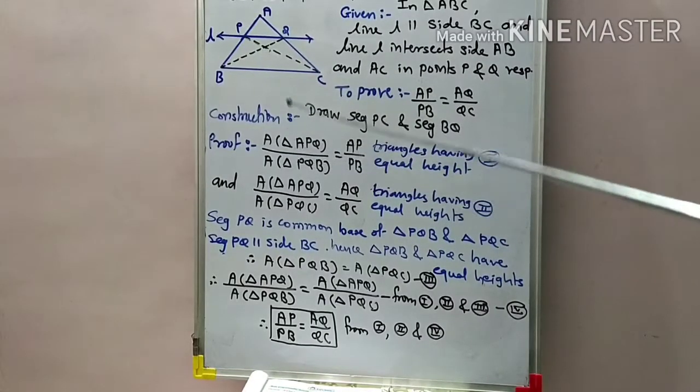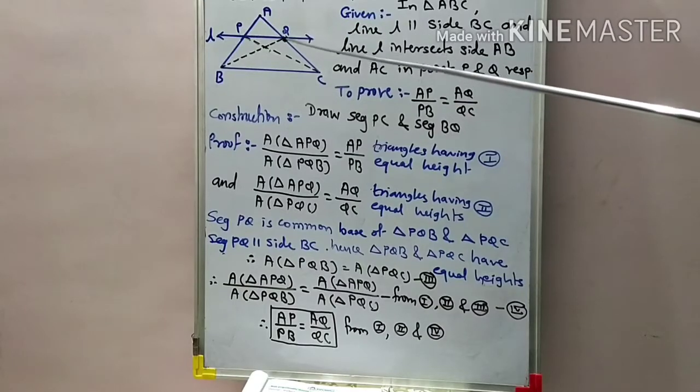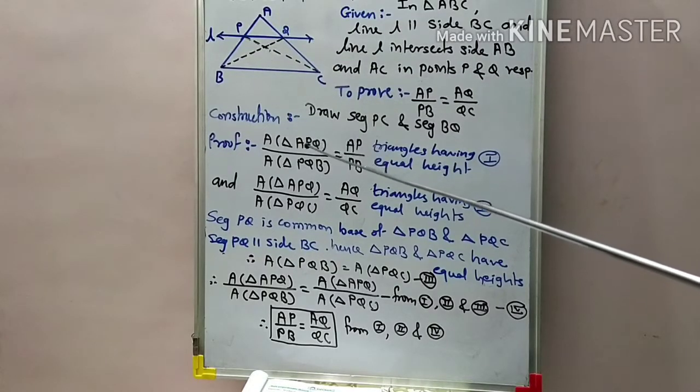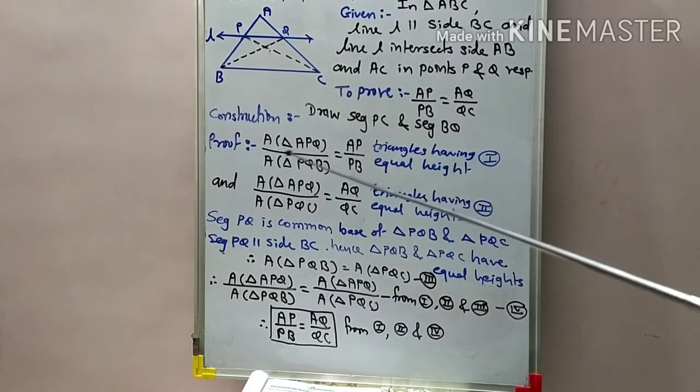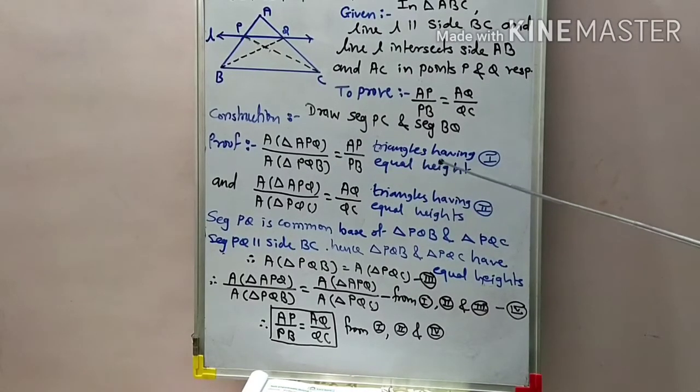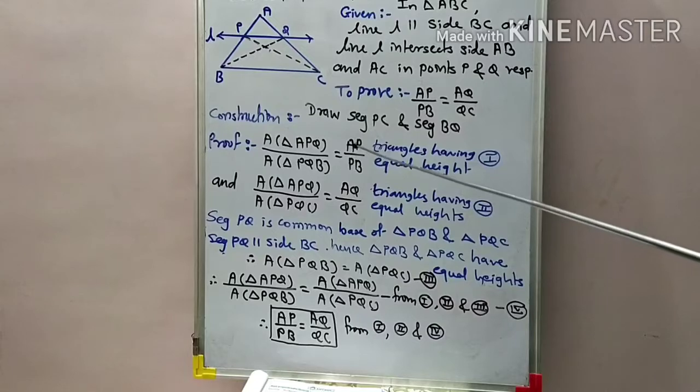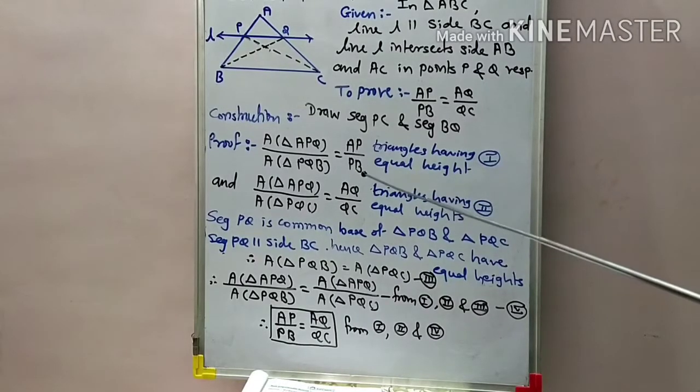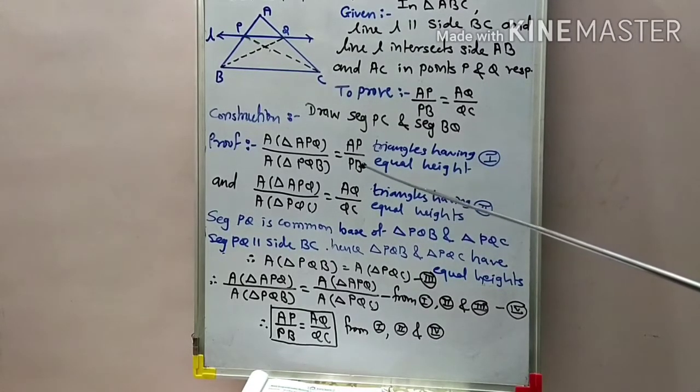Then we take the first pair as triangle APQ and triangle BQP, or you can say PQB. Here we write the area of triangle APQ upon the area of triangle PQB, and those two triangles have equal height, so the ratio is equal to what? Corresponding bases. So AP upon PB we get here.